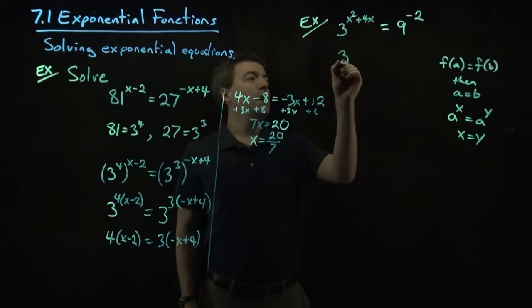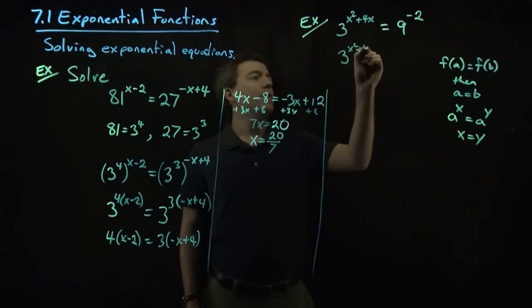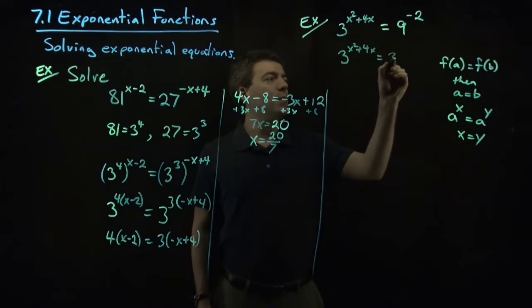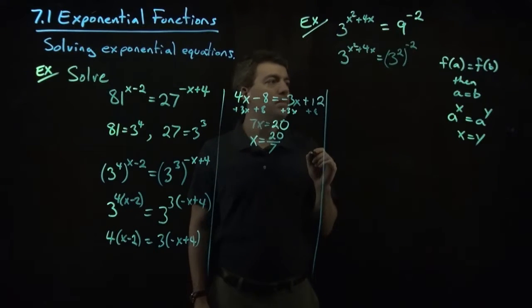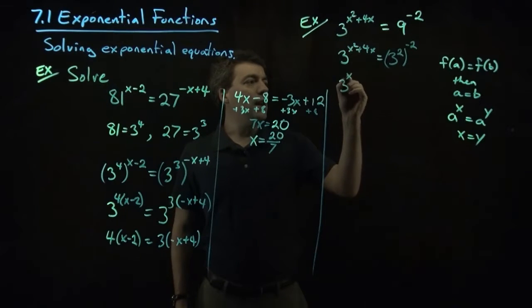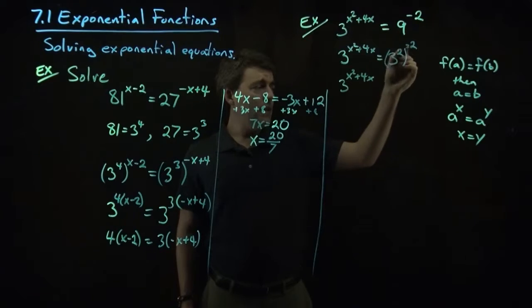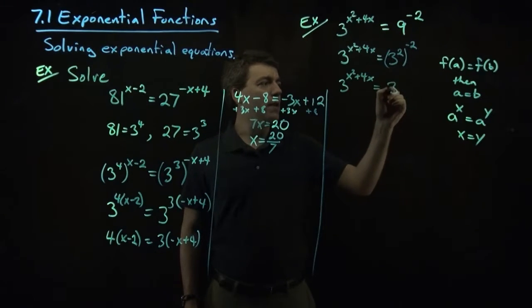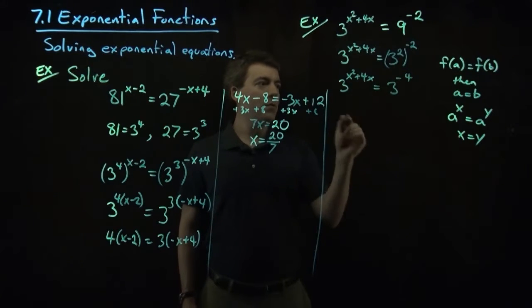So we have 3 raised to the x squared plus 4x equals 3 squared raised to the negative second. Then these can be combined. We have 3 to the negative 4.